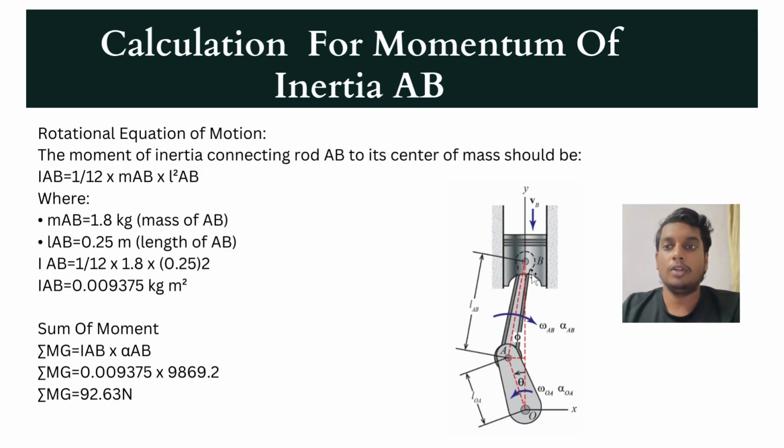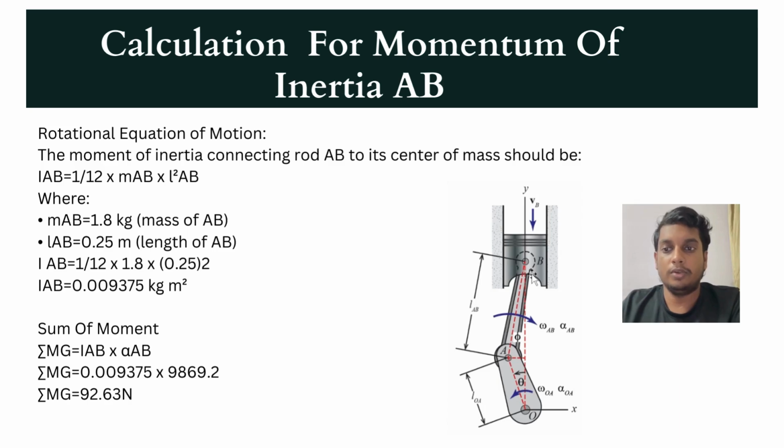Next we're going to talk about the rotational equation of motion. We have to use the formula IAB equals 1 over 12 times mass AB times the length squared.